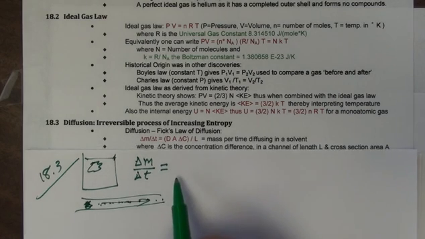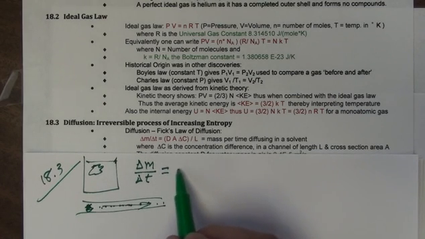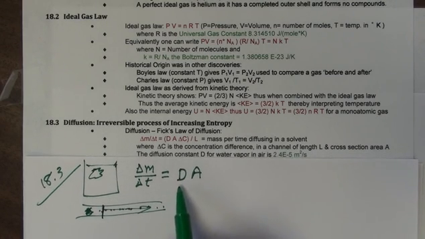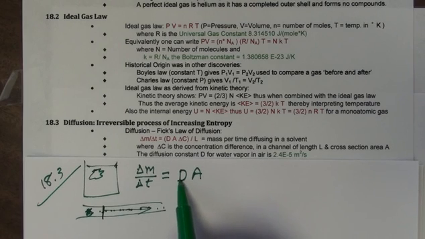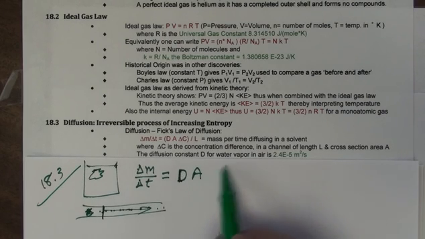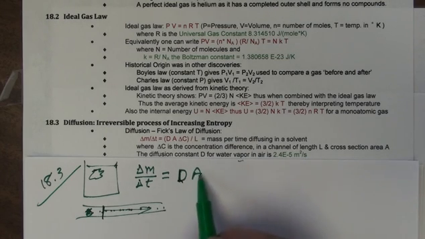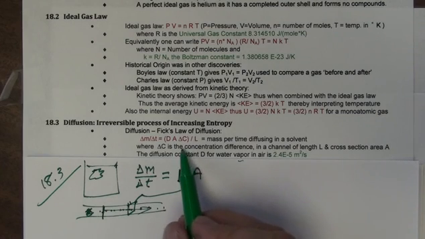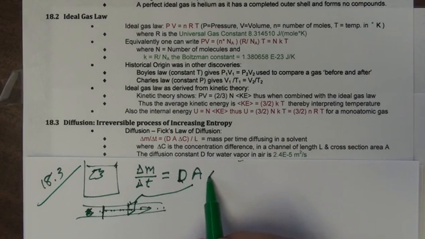And it's equal to a constant of proportionality, the area, naturally, of the substance. Well, this is the diffusion constant, for the substance that I'm in, it might be water vapor in air or something like that, times the area. This would be the area of this cross-section here, times the change in concentration.